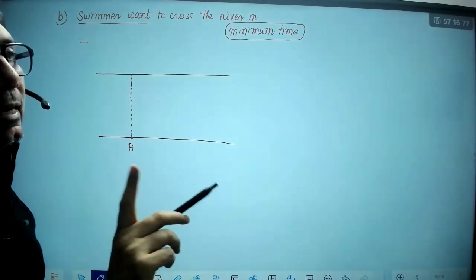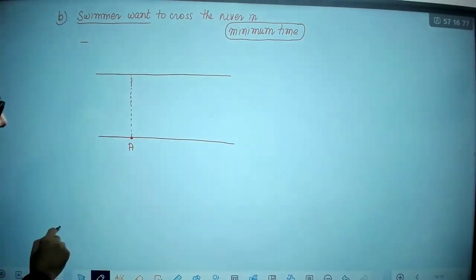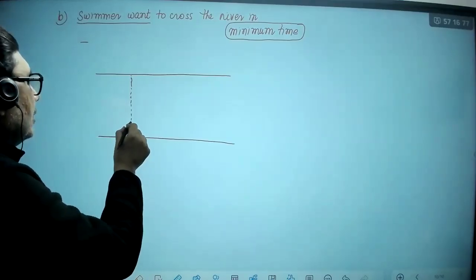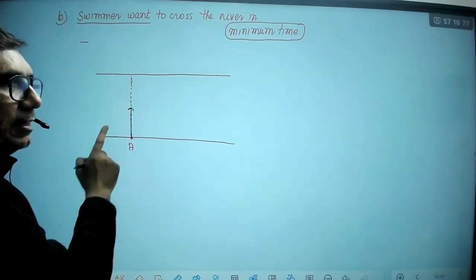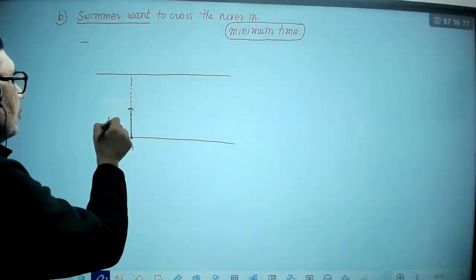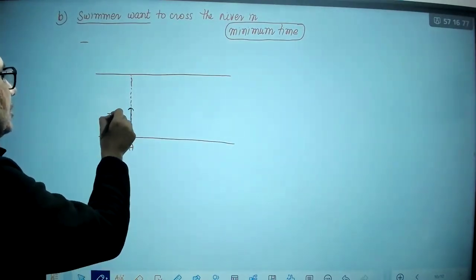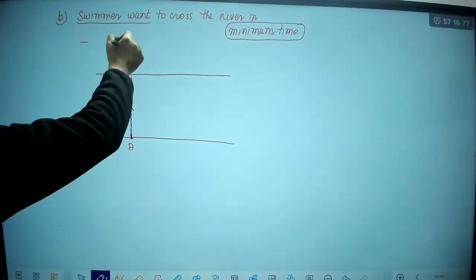Just he wants this time minimum. So for this purpose, he has to make theta 0. So the velocity of the swimmer with respect to river water should be in this direction. Theta should be 0.